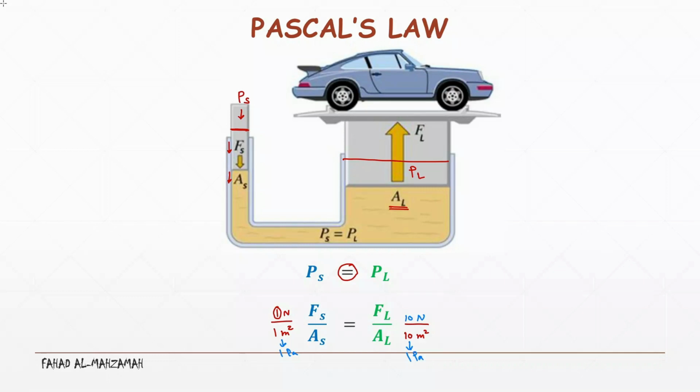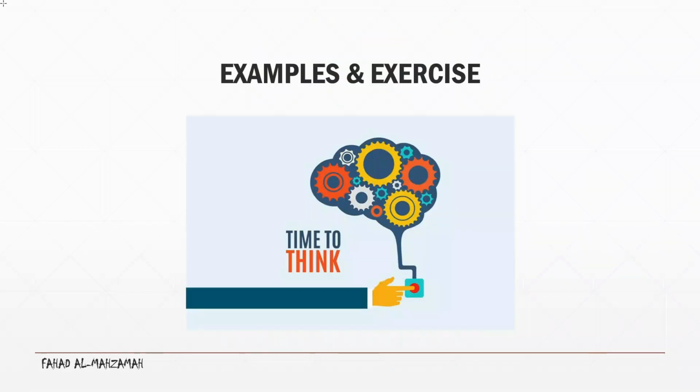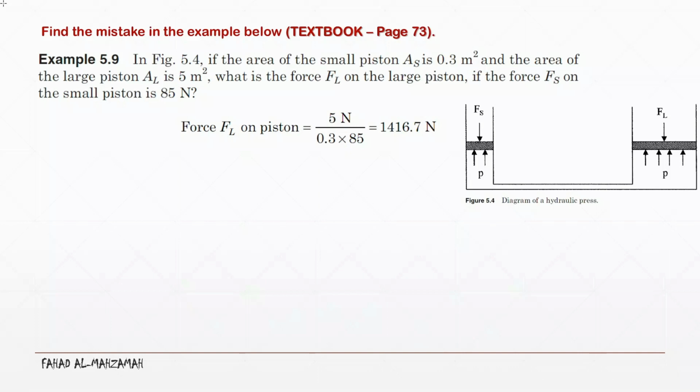So let's take some examples. Here in the book, he solved this question, and at the end there is some mistake in the solution. Try to solve it, but in general we say that PS, the pressure at the small piston, is equal to the pressure at the large piston.